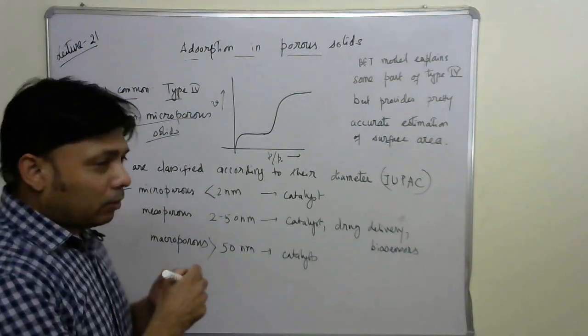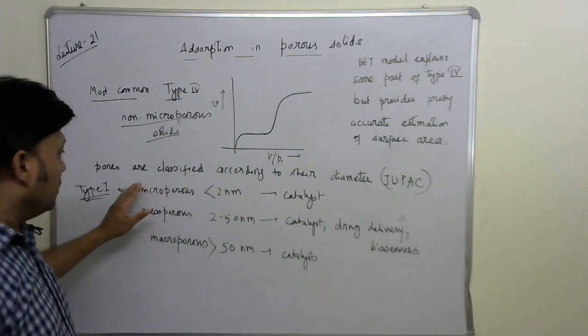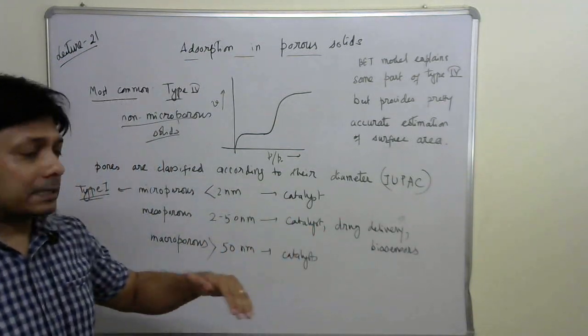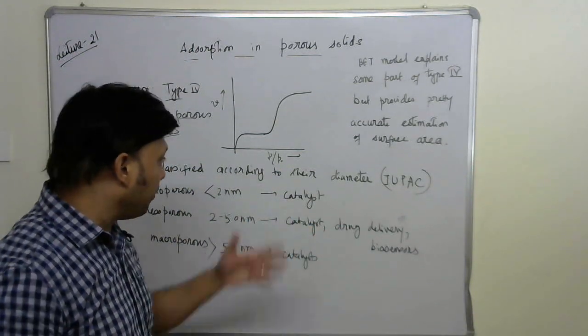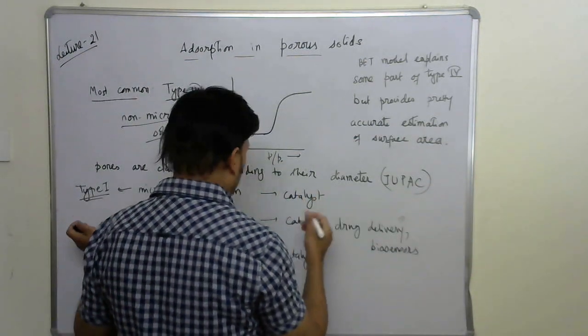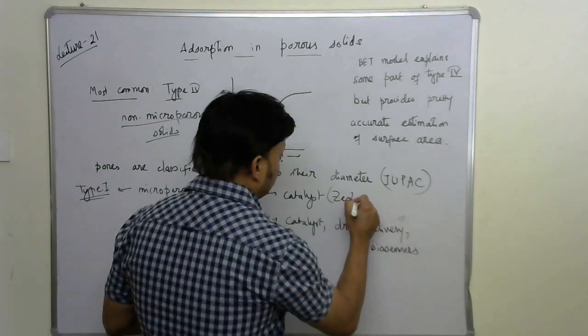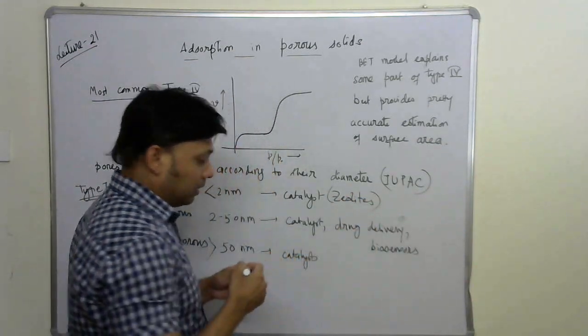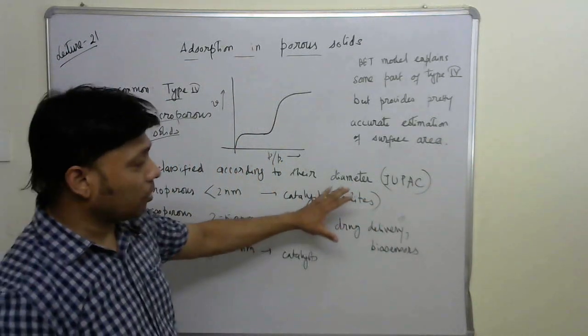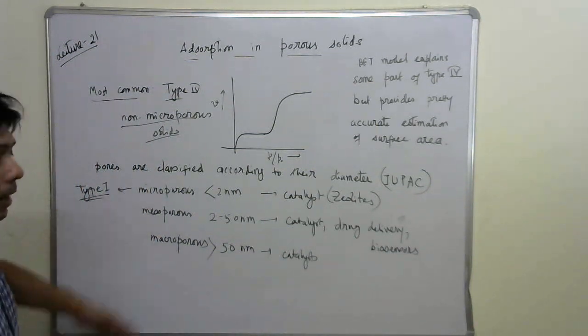Those micropores behave as capillaries, and those materials find excellent application in catalysts. One example of microporous materials applied in catalysts are the zeolites. Those are naturally occurring minerals that have micropores.